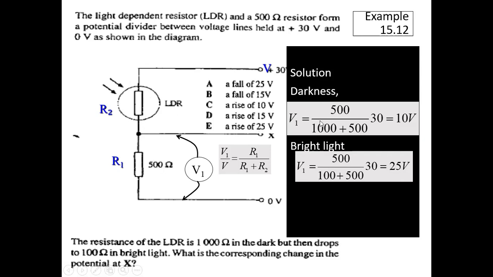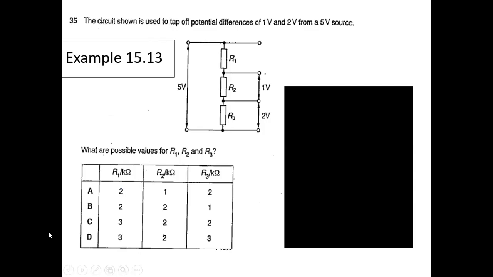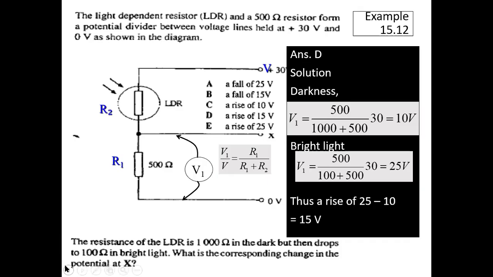Then focus on bright light, where the LDR is 100. So that means you must do both. You must not do just one, then copy it for everything. Oh, now I understand.